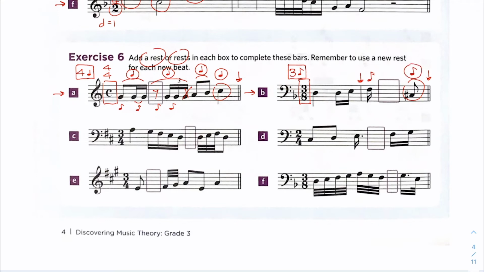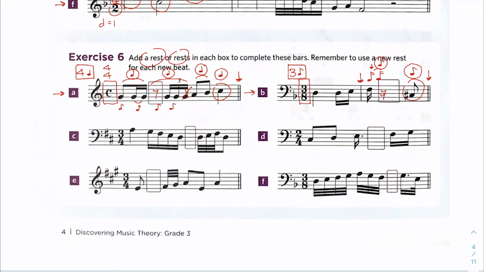And going back to the first semiquaver, which is this one here. Now the semiquaver is not yet a quaver. We need another semiquaver to make it into a quaver. So we are going to need another semiquaver here, but we're going to make it into a rest. So we're going to put in a semiquaver like this, so that these 2 semiquavers together will make 1 quaver.